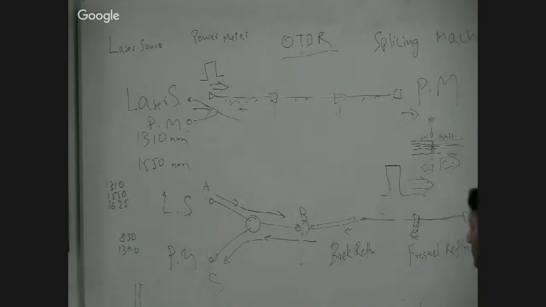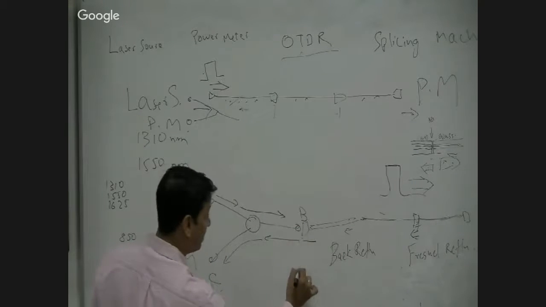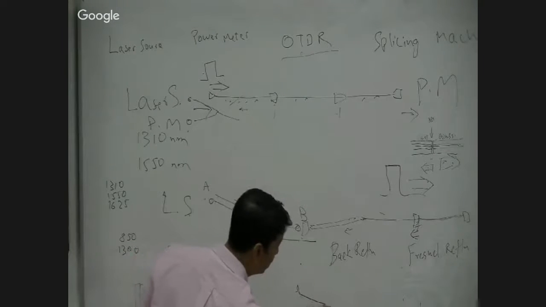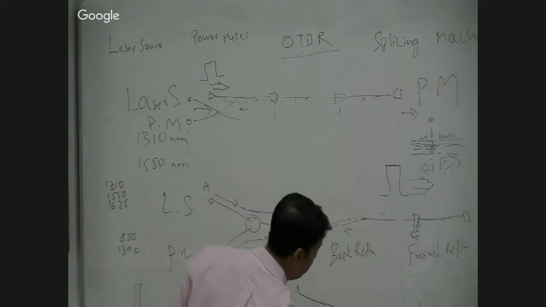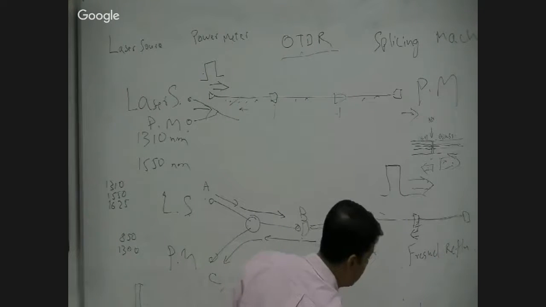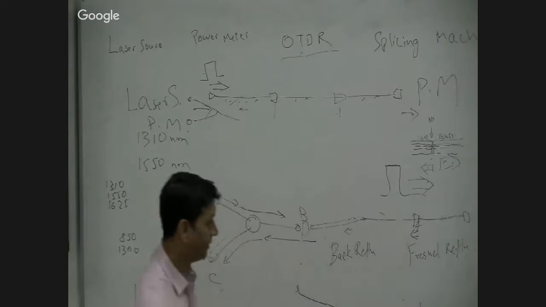So in an OTDR, at the physical connection there will be first a spike, and then the Fresnel reflections start, and then at the physical connector again there will be a spike, and then your end of cable.